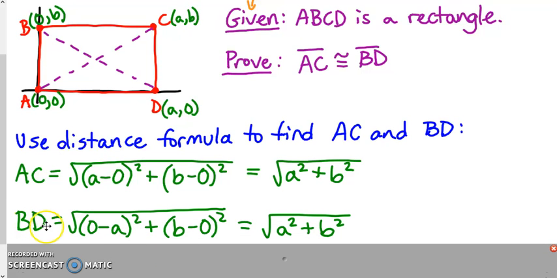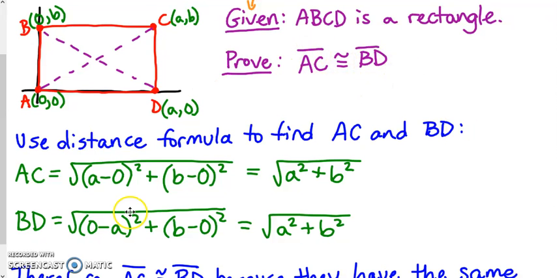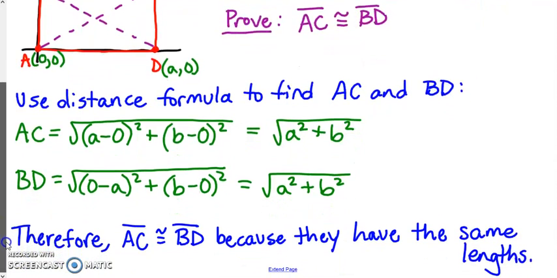And same for when we find BD, it's going to simplify to the same thing. So to sum this up, remember this is what we wanted to prove. So I'll end my proof by stating, therefore, AC is congruent to BD because they have the same lengths.